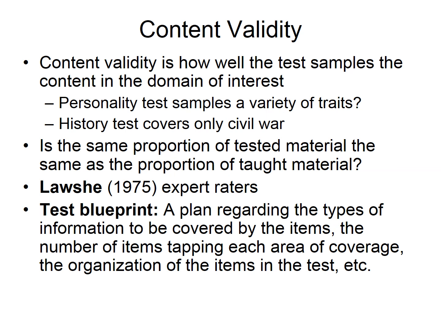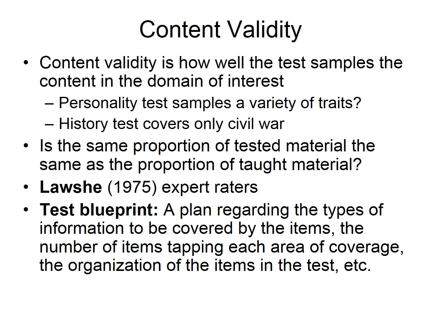A content-valid history test would then be 1/6 about history up to the Civil War, 1/6 history after the Civil War, and 4/6 of that test should be items about the Civil War. So we're asking how much information was covered, and are we adequately sampling what was covered in the items we're asking? Is the proportion of tested material the same as the proportion of taught material?